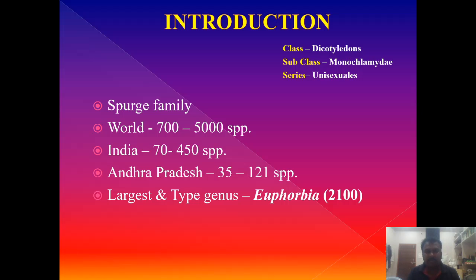In United Andhra Pradesh, we have 121 species belonging to 35 genera. In Telangana, we have almost 115 to 120 species. The largest genus of the family, and also the type genus, is Euphorbia with 2,100 species.